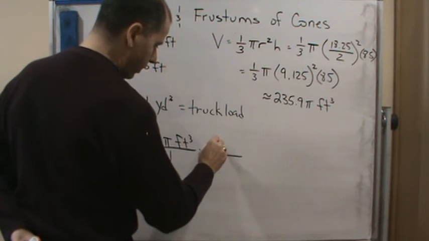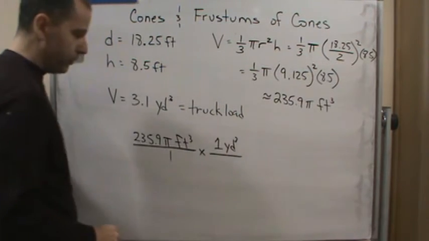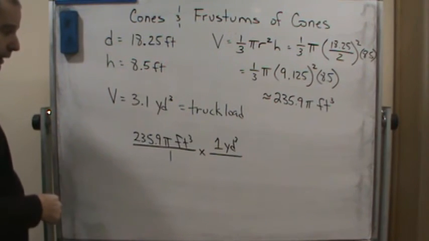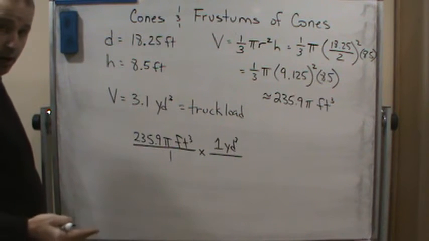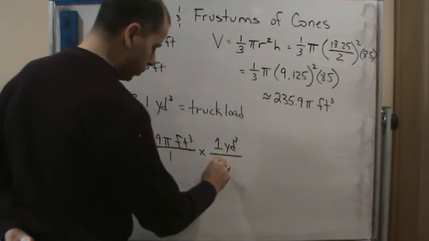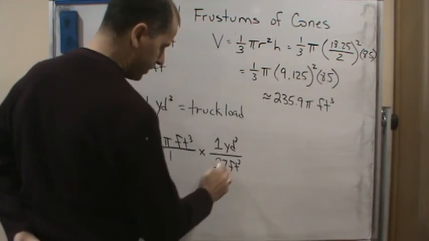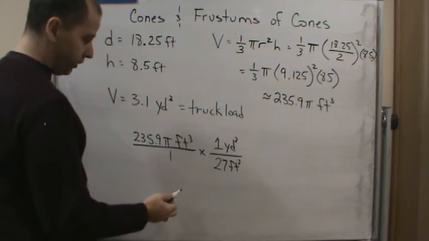So we have 1 cubic yard. Now, this is an easy one to remember. If 1 yard is equal to 3 feet, 1 cubic yard is equal to 27 cubic feet, because it's 3 cubed.